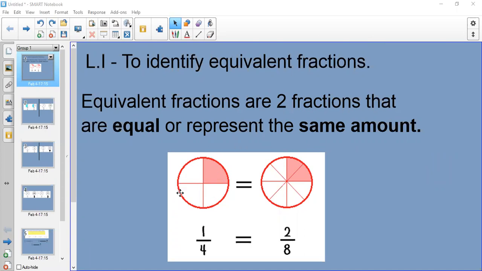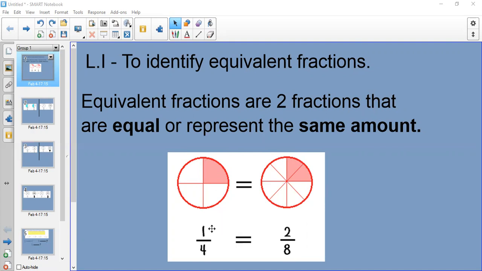Here we have a circle that is cut into quarters, but we also have another circle that is cut into 2/8. Now they look similar in terms of how much is shaded in, but this circle is cut into 8 parts and this circle is cut into 4 parts, but actually their value is the same, okay?